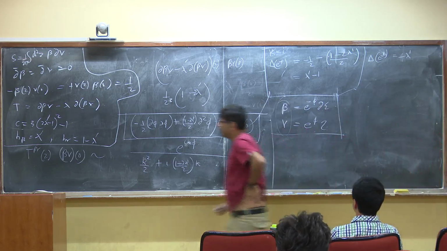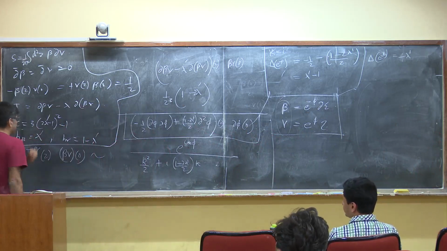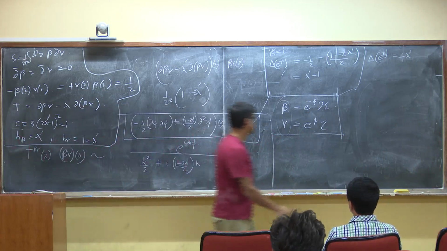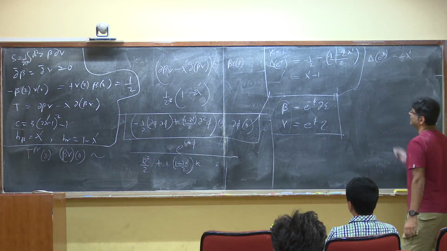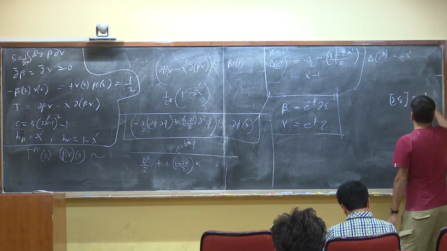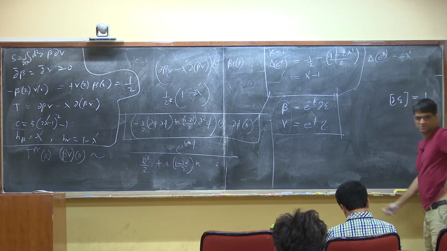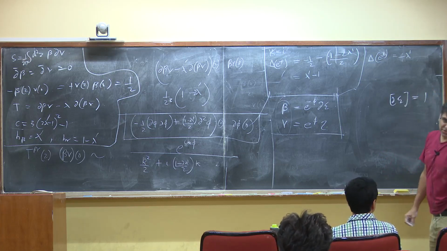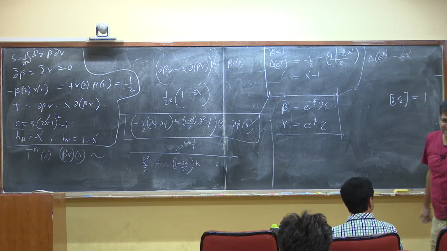Now, the weight of beta should have been lambda prime. So that means del zeta should have weight 1, which means zeta should have weight 0. We're not scared of such things, right? We're brave people.